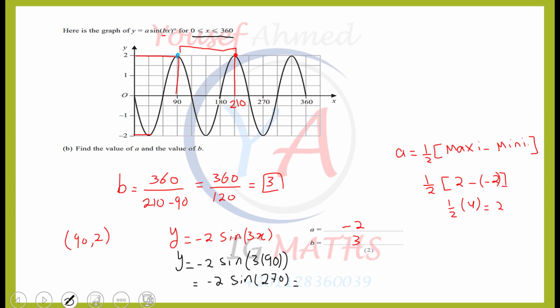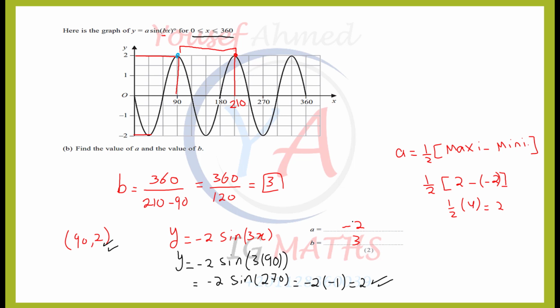Sine 270 is negative 1, so it will be negative 2 times negative 1, which gives you positive 2. So it's correct. The y coordinate is positive 2, and the x coordinate was 90. So the values we got for a and b are correct.